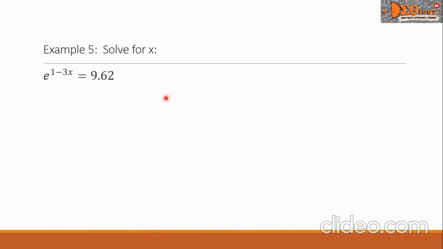Let us have example 5. Solve for x. We have e raised to 1 minus 3x equals 9.62. From property number 5, the log of capital M to base b equals the log of capital N to base b if and only if M equals N. In this equation, we are going to apply logarithm to both sides of the equation.